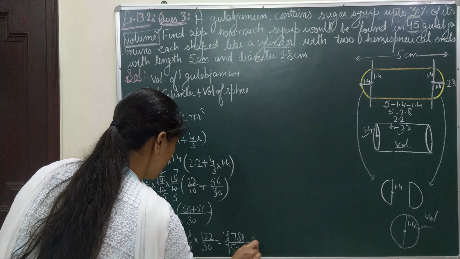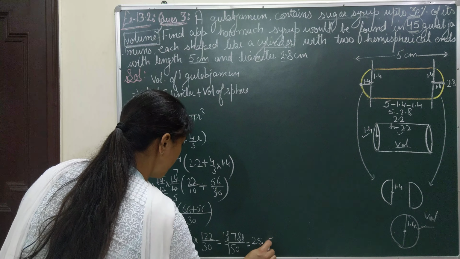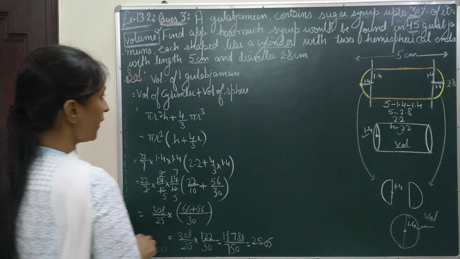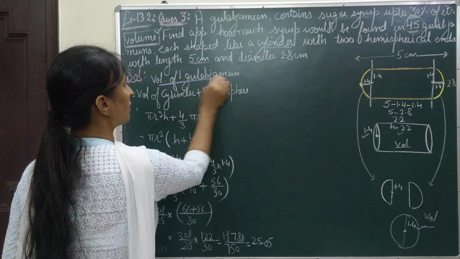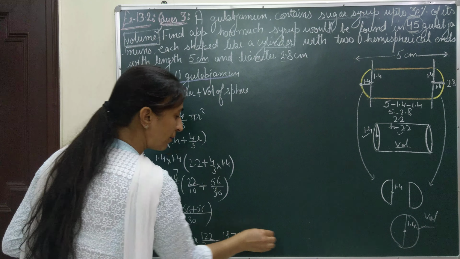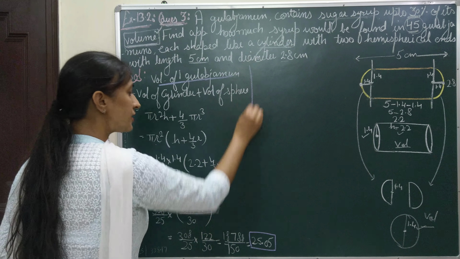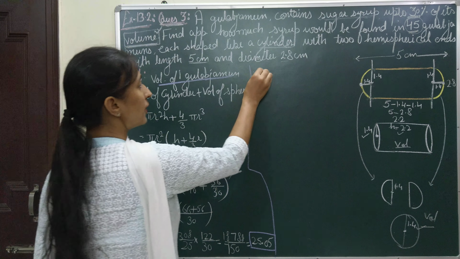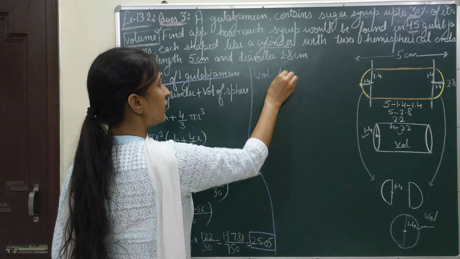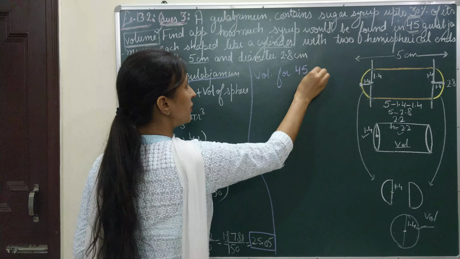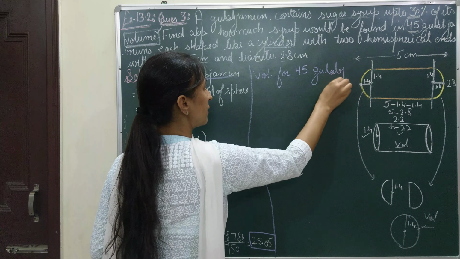Changing to decimals, it becomes 25.05. So what have I got? I have got the volume for one gulab jamun, that is 25.05.